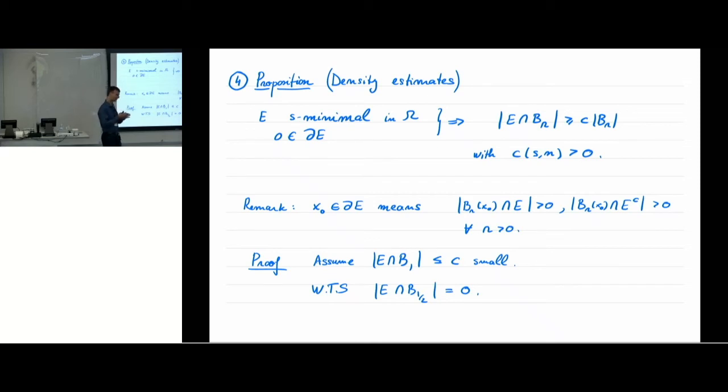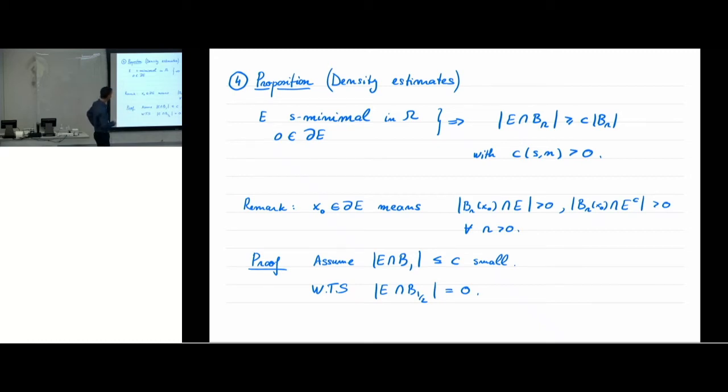So always, if you center a ball on the S-minimal surface, it splits in terms of volume, space, in a proportional way.